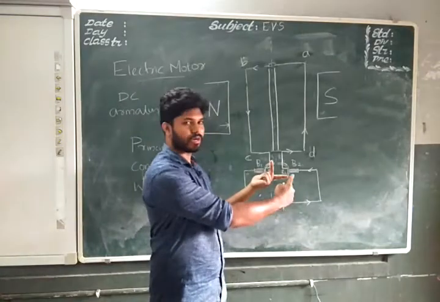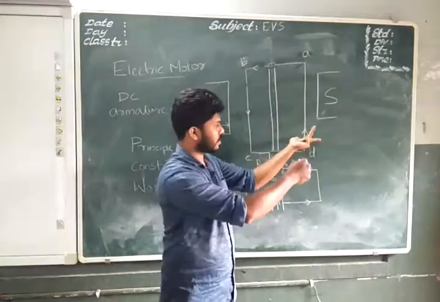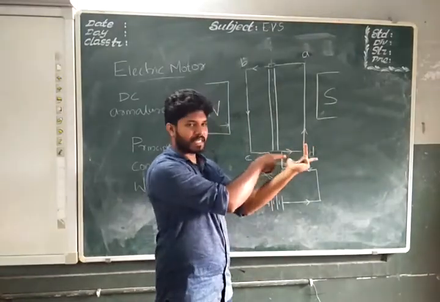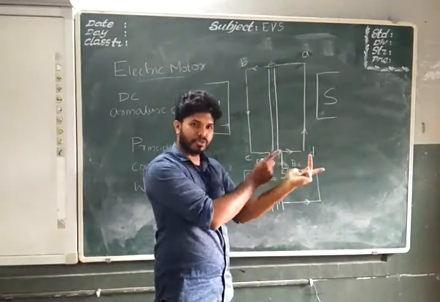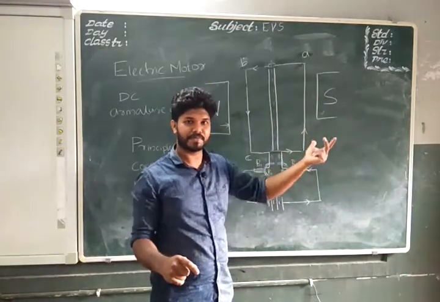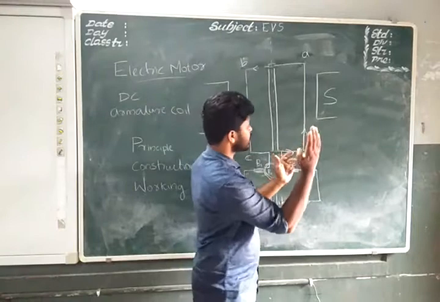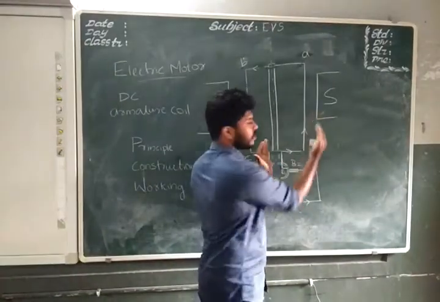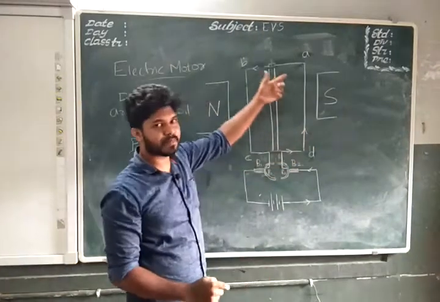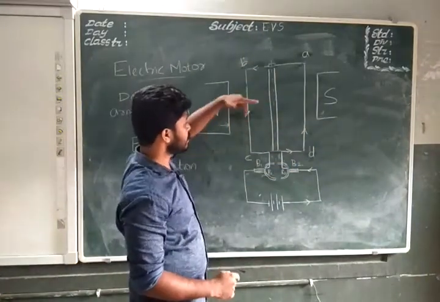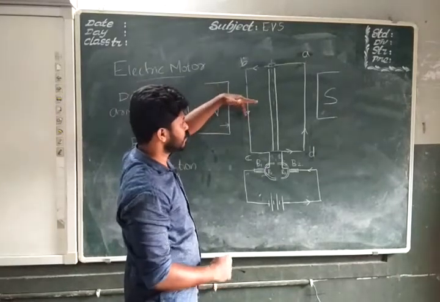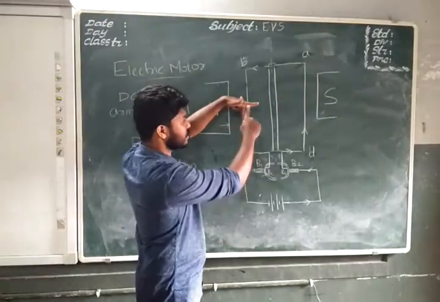The force experienced will be inwards, into this board. So this AD will move inwards. At the same time, the current reaches here. When it reaches here, we can apply Fleming's rule again. Current is flowing downwards.